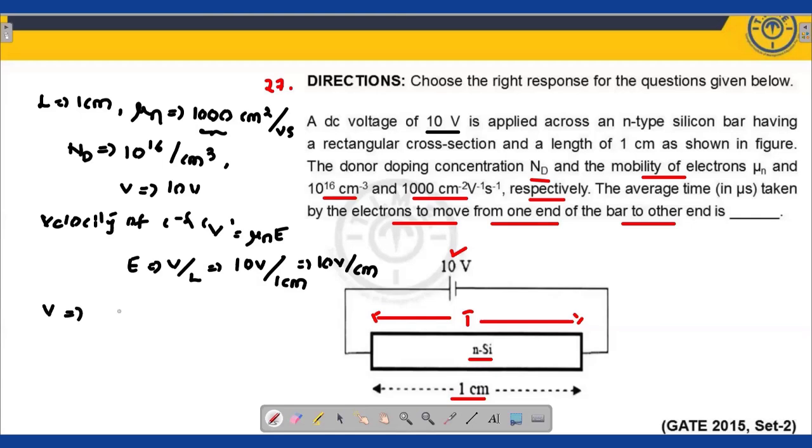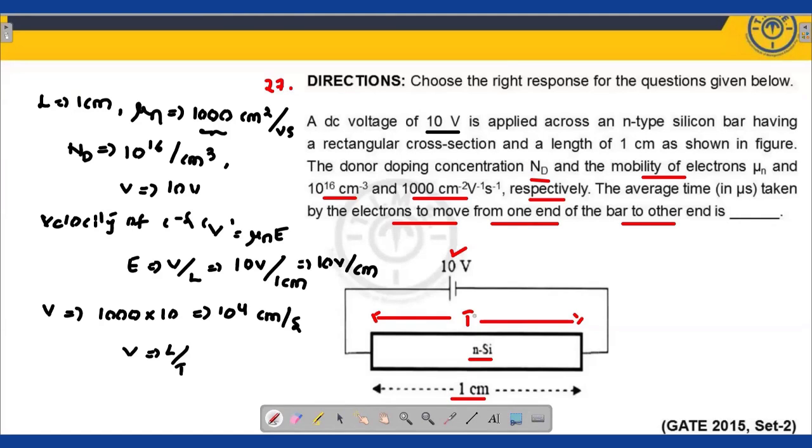Velocity V is equal to 10 power 4. This is the value, my dear students, we are going to get here. But velocity is equal to, what is the formula, my dear students? Distance by time.